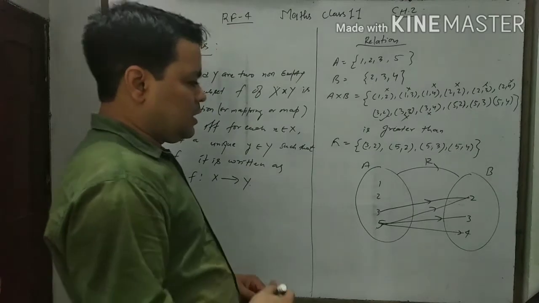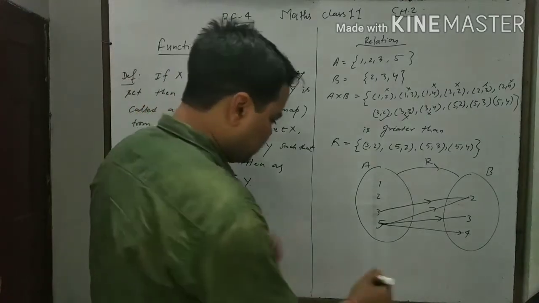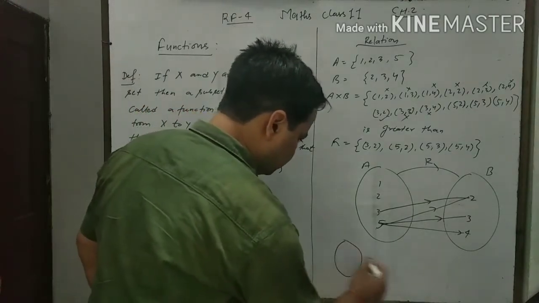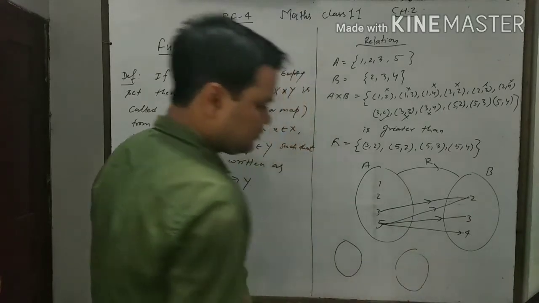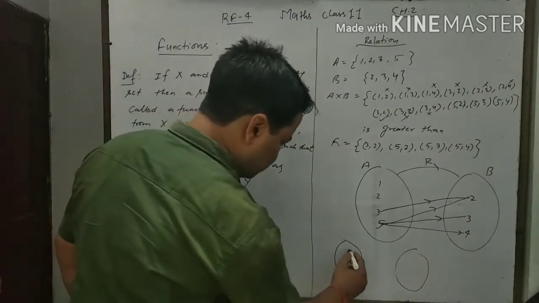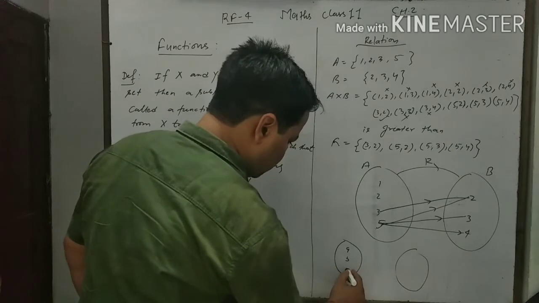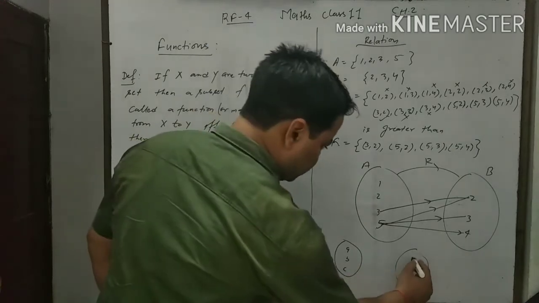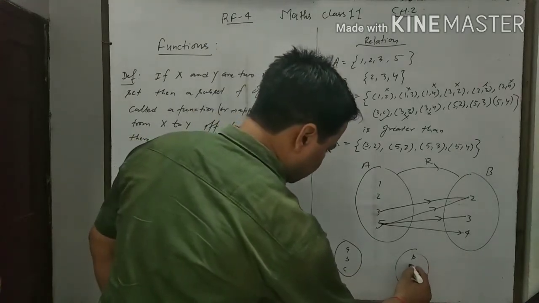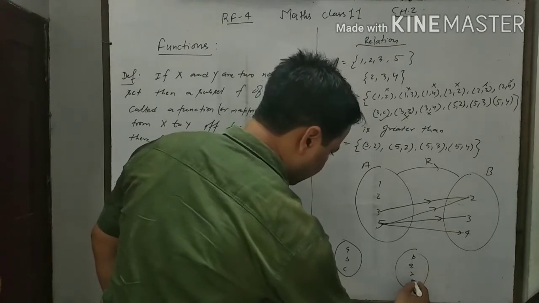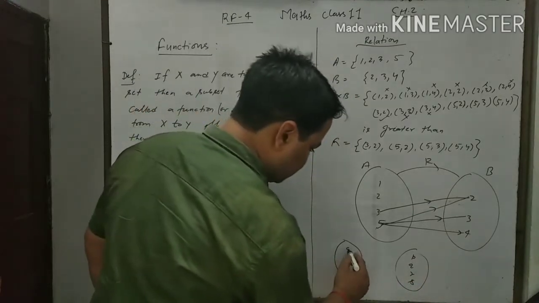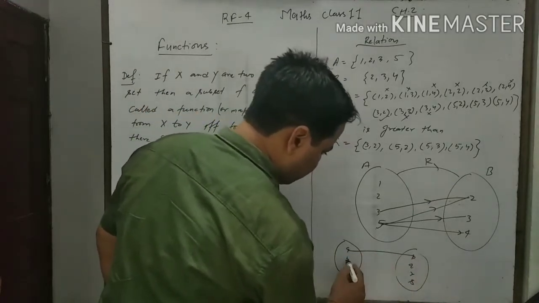Again, if we have another example, let this be A, this be B, this be C, and here P, Q, R, S, and we have this type of relation.